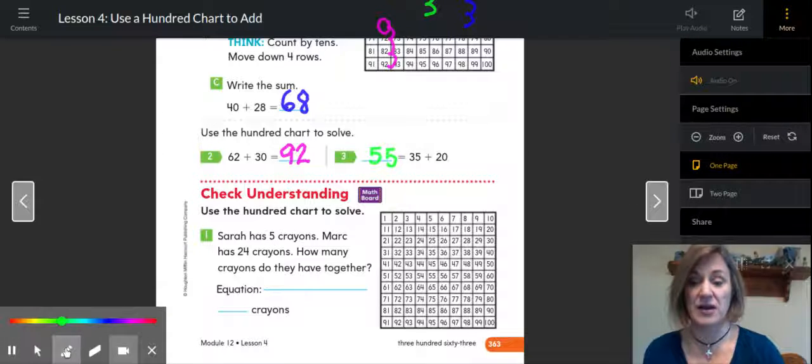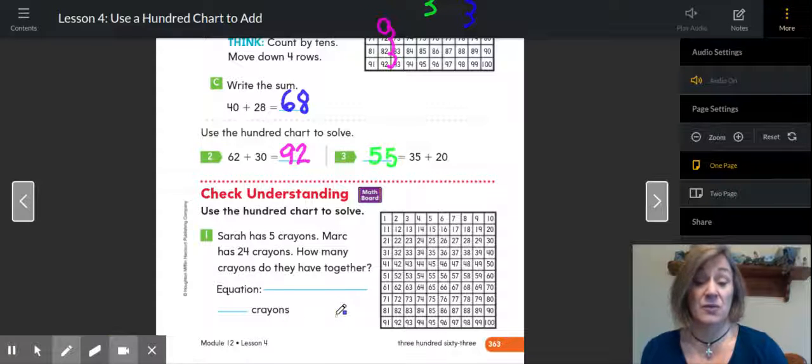How could we figure out how many crayons they have all together? Well, should we start on 5 and hop 24 times, or should we start on 24 and hop 5 times? I think hopping 5 times sounds a little easier to me. So let's circle the 24 and let's do our equation as 24 plus 5.